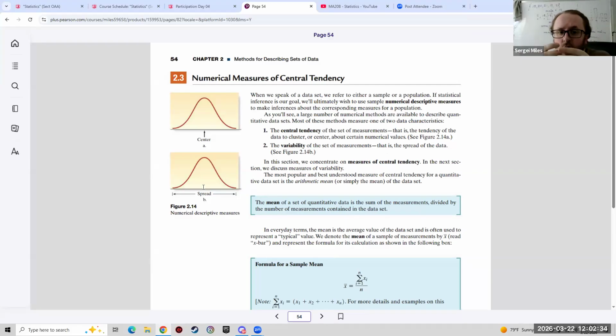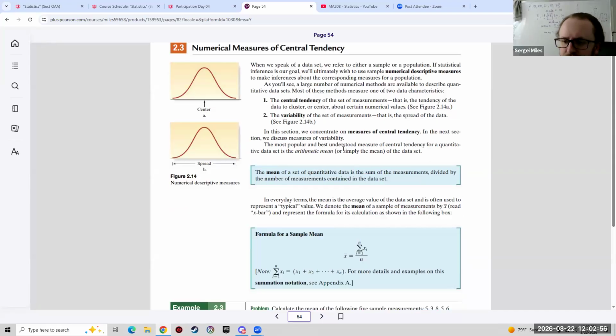Is my data all close together, or do I have numbers that are far apart? That could be another numerical characteristic that we're trying to determine about a sample set of data. Now we'll talk about how to determine spread, or what is called variability, in section 2.4. We'll do that in a moment. But we want to get through 2.3 here, all right?